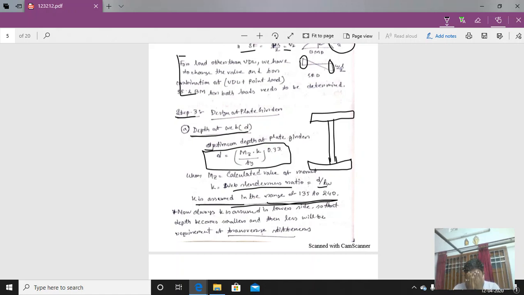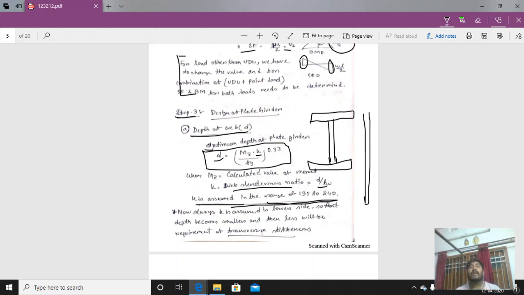Now, you need to understand something here. Consider k is taken on the higher side, what will happen? If the value of k is on the higher side, the value of D will be higher, so the plate will become longer.